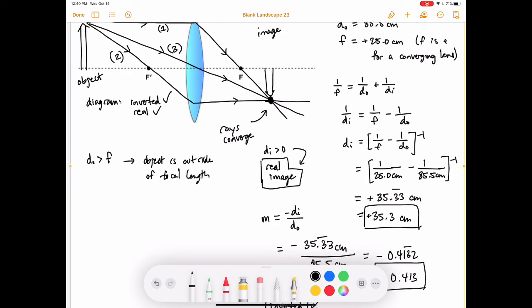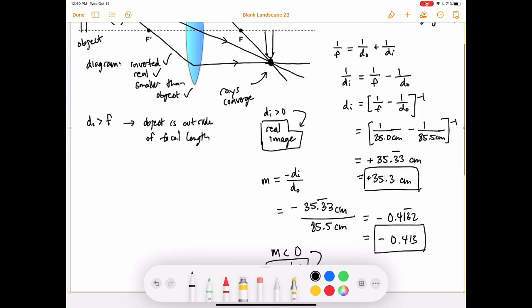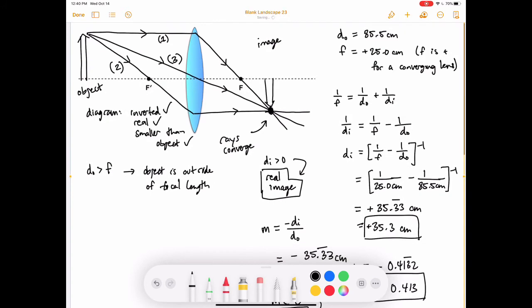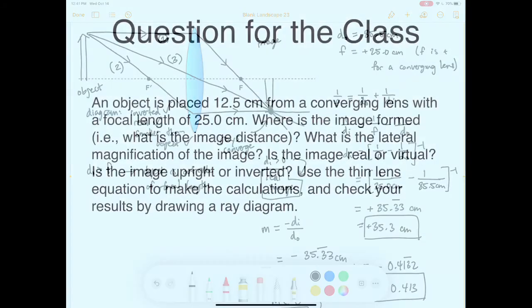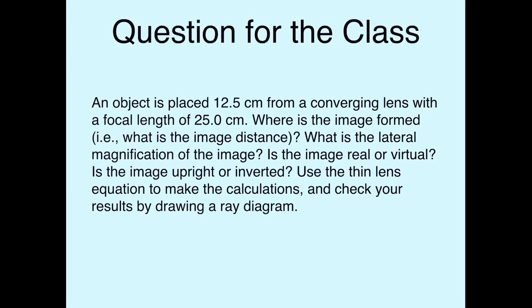And it's also smaller than the object, which is what we'd expect given that the magnification is less than 1. Okay? So this just shows that you can use a ray diagram to verify what you calculated using the thin lens equation. And so here's one for you to try out.